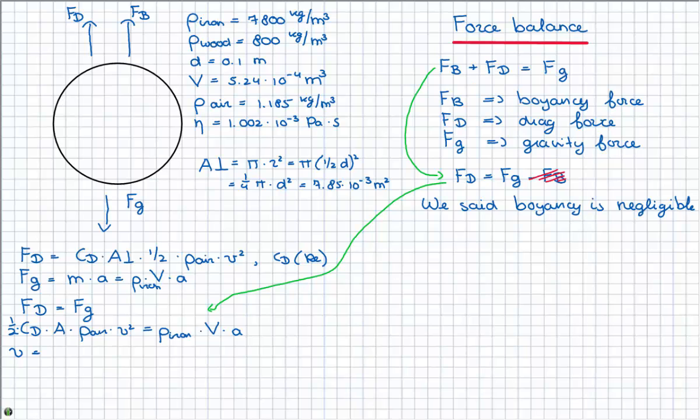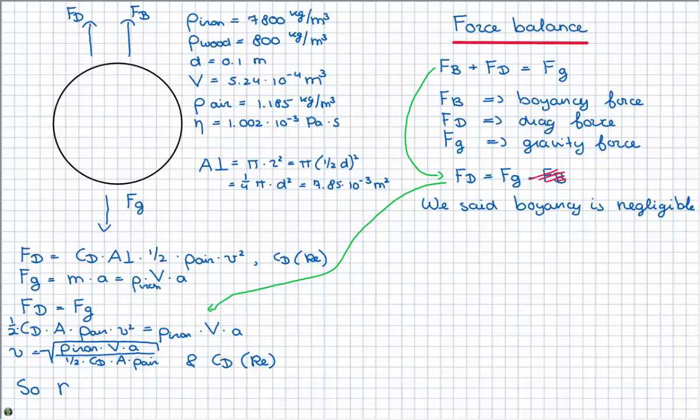If we rewrite this for the velocity, we get this equation, and then we take the root. And of course, still the drag force coefficient depends on the Reynolds number.